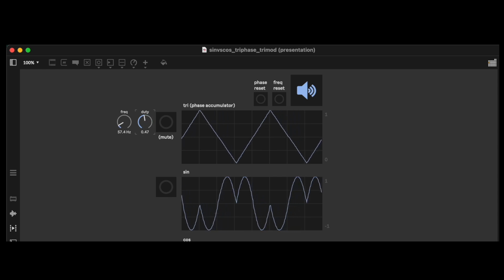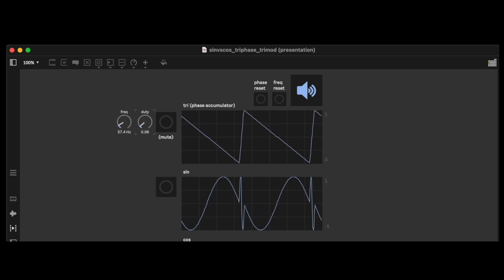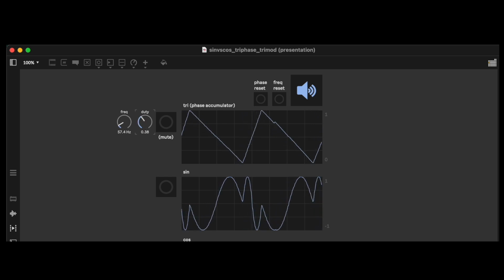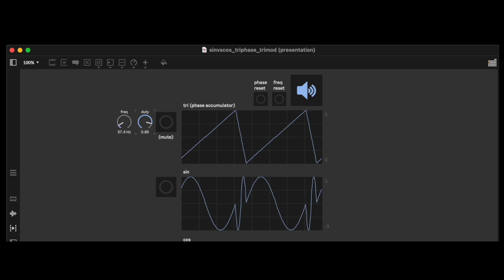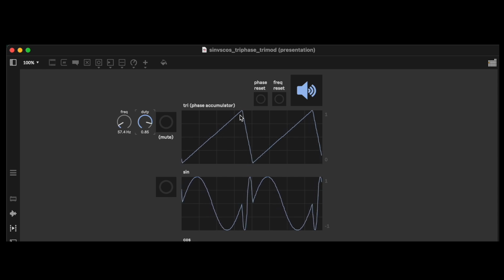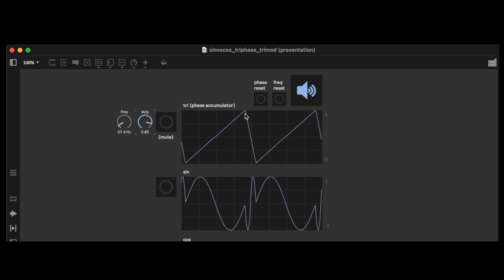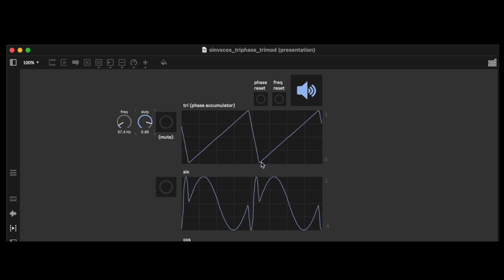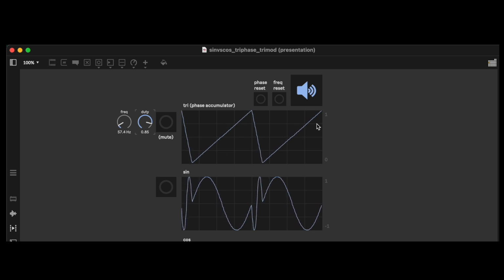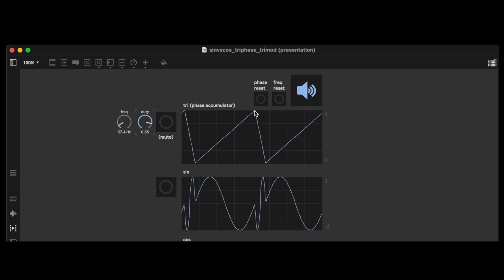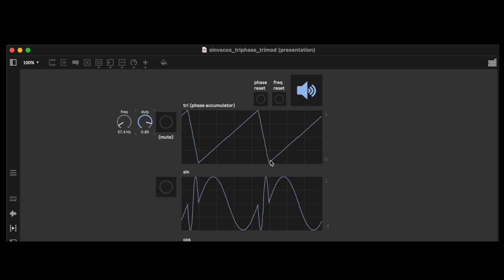And you see that it gets weird, but if you look closely, you can tell what's going on. So if I just give it a little bit of this, so you have the phase accumulator mostly just normal, but then it has a falling section. It doesn't just go straight to 0 again. It has a ramp, and then it has a decline.